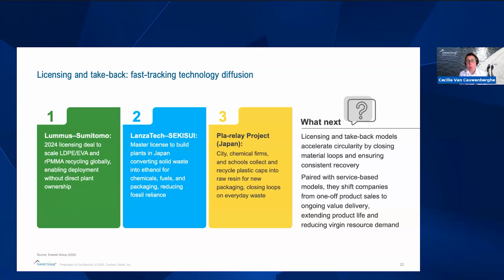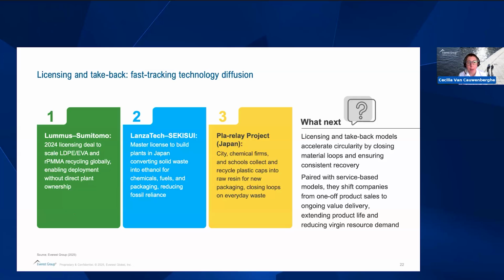So the model decouples technology scale from capital intensity. Instead of building every plant, Sumitomo gains recurring royalties and market presence, and Lummus expands its technology footprint. For adopters, licensing lowers R&D risk and accelerates market entry. So it's a win for both sides.